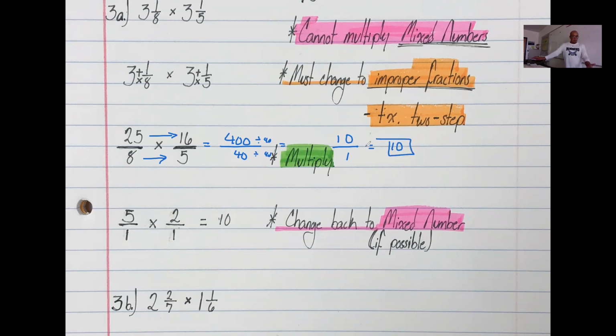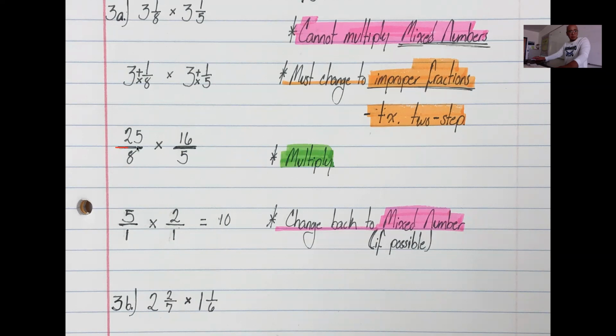Awesome. Now, that seems simple enough, except for the fact that, guys, multiplying 25 times 16 is a lot. That is a relatively big number, and that is where the second method that we learned comes to mind.